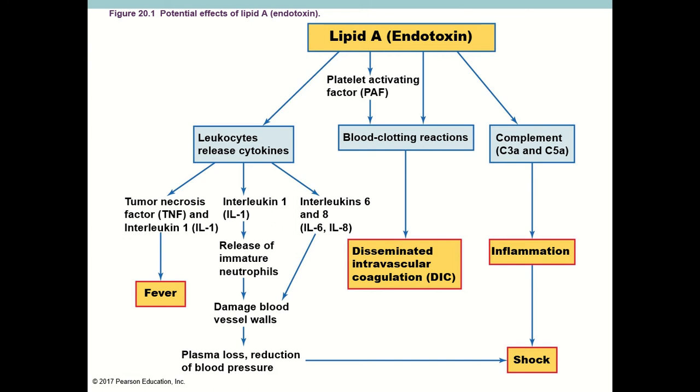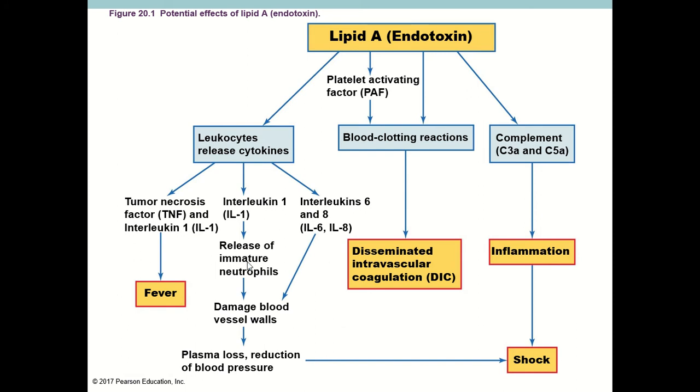So normally, you would think the release of these would be good for the immune system, but keep in mind, this is lipid A. This is something foreign causing their release. So if we do release them in high quantities in a very short period of time, then they're probably going to tend to be immature.